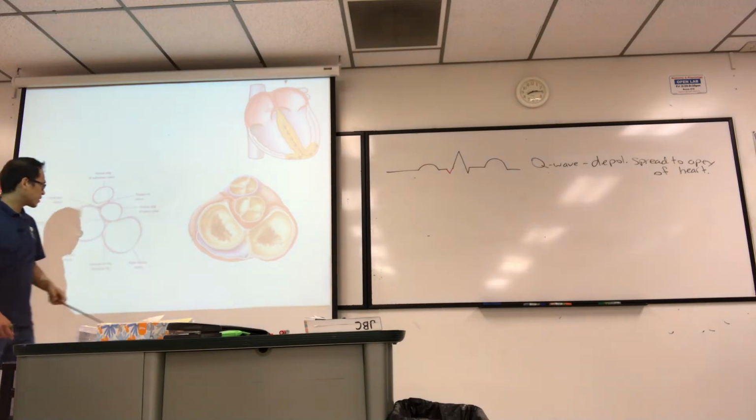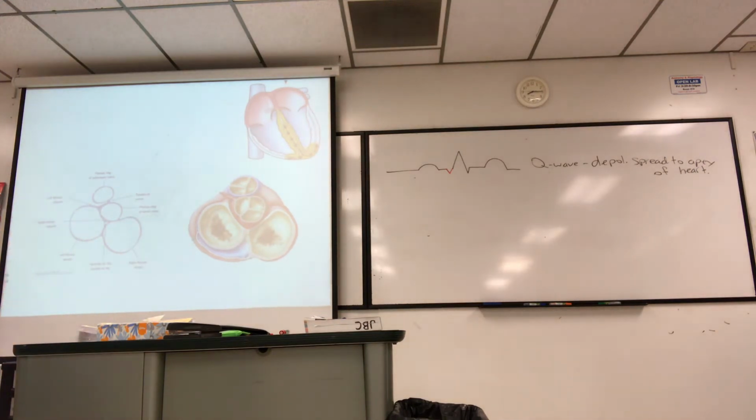I always like to ask students, can you find the opening for the bundle of His? It's right here, that tiny hole. That's why there's a delay. You're forcing the entire signal through that one little hole. It can't go down anywhere else. So remember what that tiny hole is. Be able to identify the opening for the bundle of His.